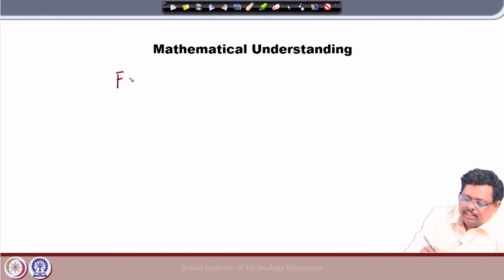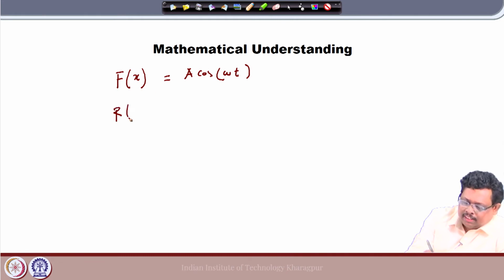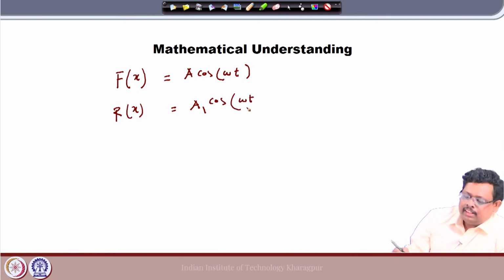Let us take this as the force which is applied to the ship, with some amplitude a, and with some frequency omega. So, this may be the thing, and then because of this there is the reaction force, which we can call R x. It has another amplitude a 1, and the response is also with the same omega, cos omega t, but now it has some kind of phase epsilon.